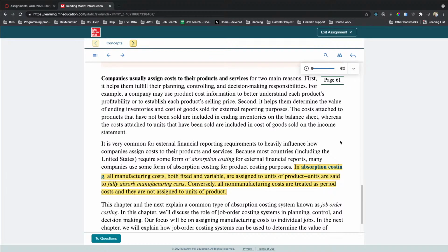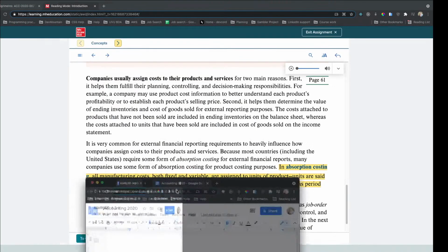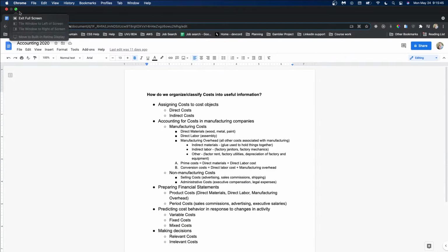So, let me pull up something real fast. Might help me understand that better. So I made a thing here. Actually, we're going to do this.